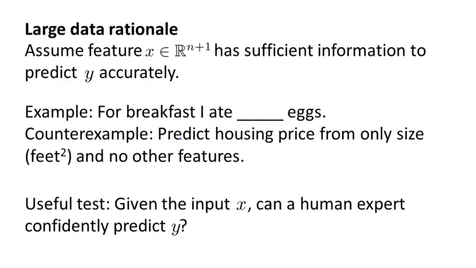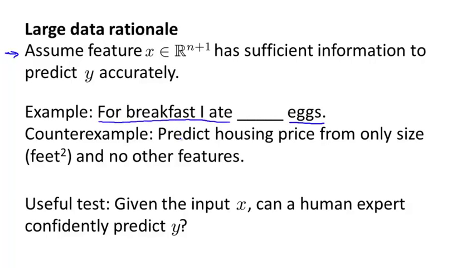Let's try to lay out a set of assumptions under which having a massive training set we think will be able to help. Let's assume that in our machine learning problem, the features X have sufficient information with which we can use to predict Y accurately. For example, if we take the confusable words problem that we had on the previous slide, let's say that the features X capture what are the surrounding words around the blank that we're trying to fill in.